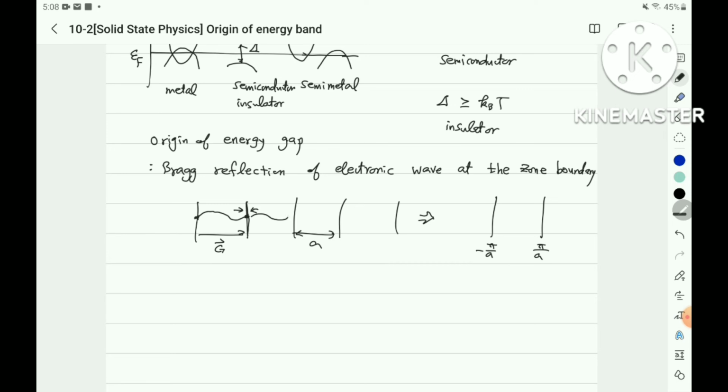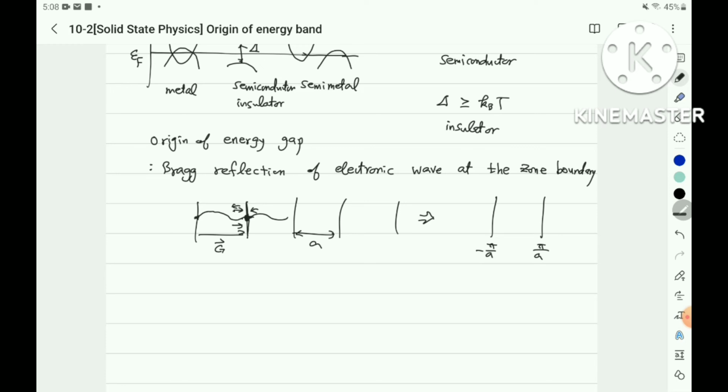The electron waves in this region and this region are identical. It can have reflection or transmission, and the transmitted electron wave is the same as the entering electron wave here.